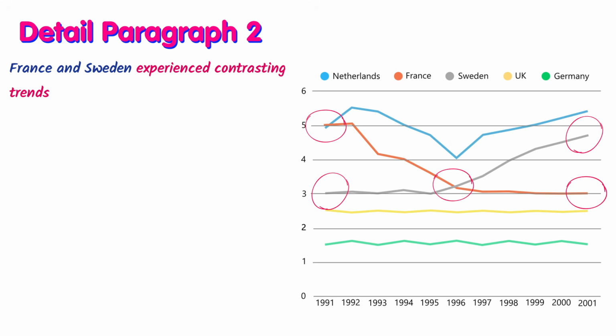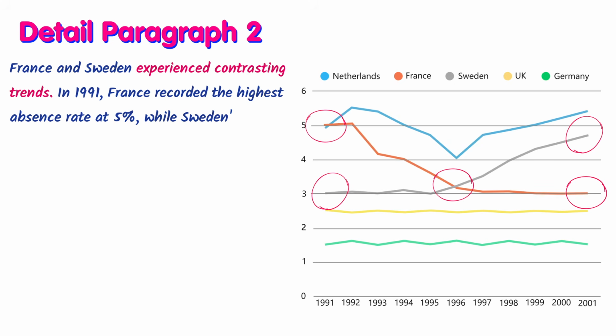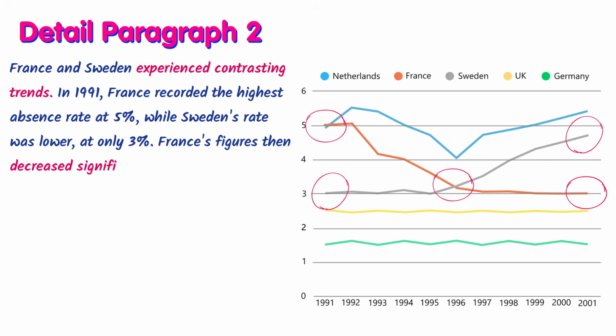France and Sweden experienced contrasting trends. In 1991, France recorded the highest absence rate. You remember, we always talk about the highest point, at 5%, while Sweden's rate was lower, at only 3%. France's figures then decreased significantly, as you can see.